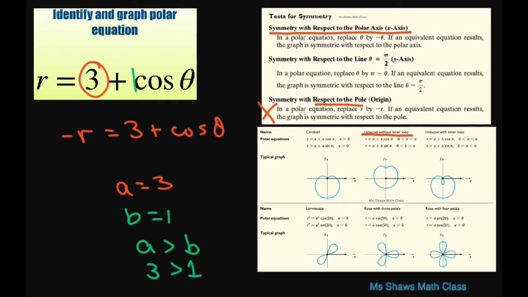If these two numbers were switched around, for example, if I had a 1 here and a 3 here, we would have a Limacon with an inner loop. Now this one is symmetric with respect to the y-axis, or theta equals pi divided by 2. So ours is going to be turned around a bit because ours is symmetric with respect to the polar axis.